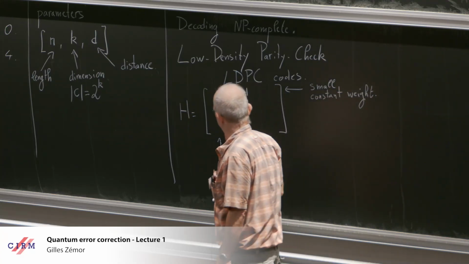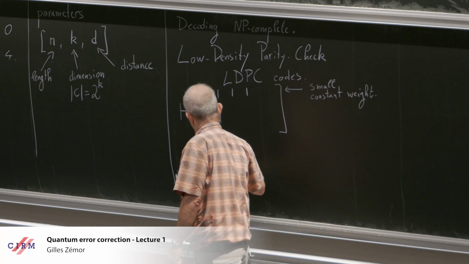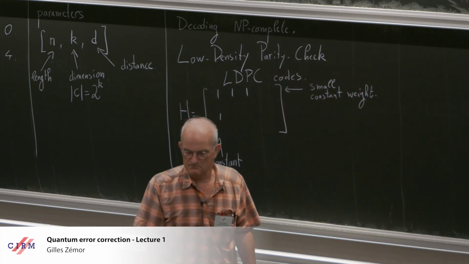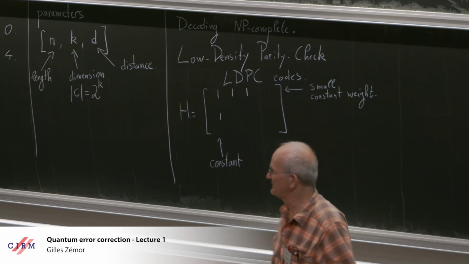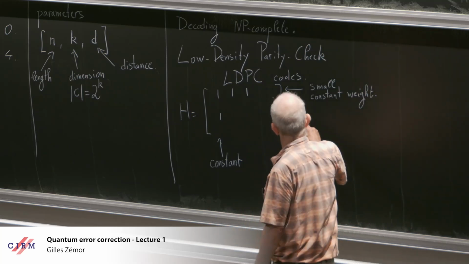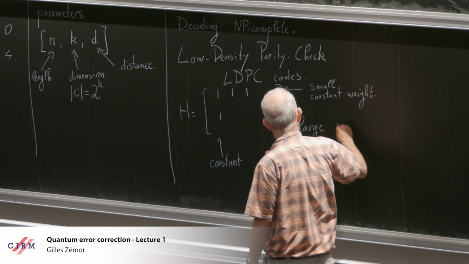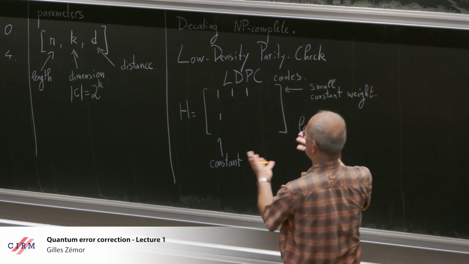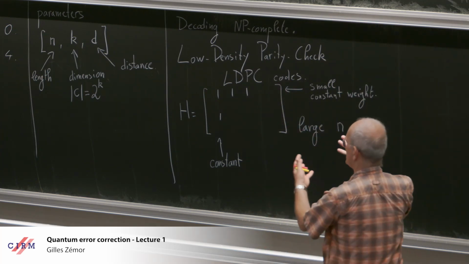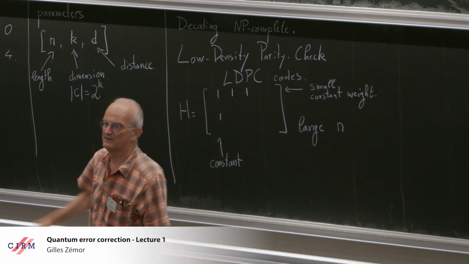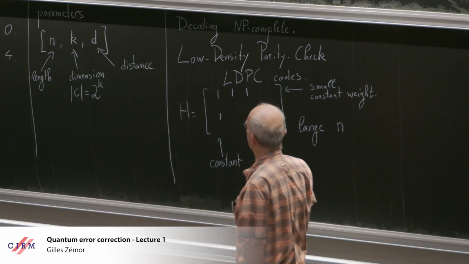So choose your columns and your rows with some constant weight and a large block length n, which will make the density of the parity check matrix, the ratio of the number of ones over the number of coordinates, very small, hence the name.